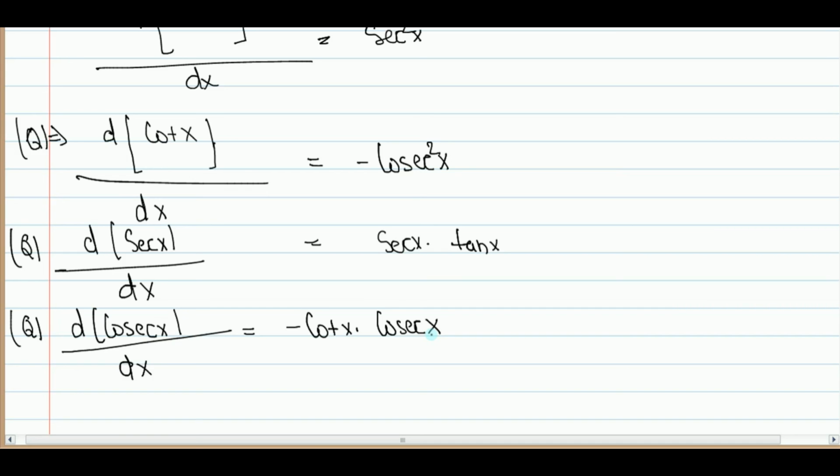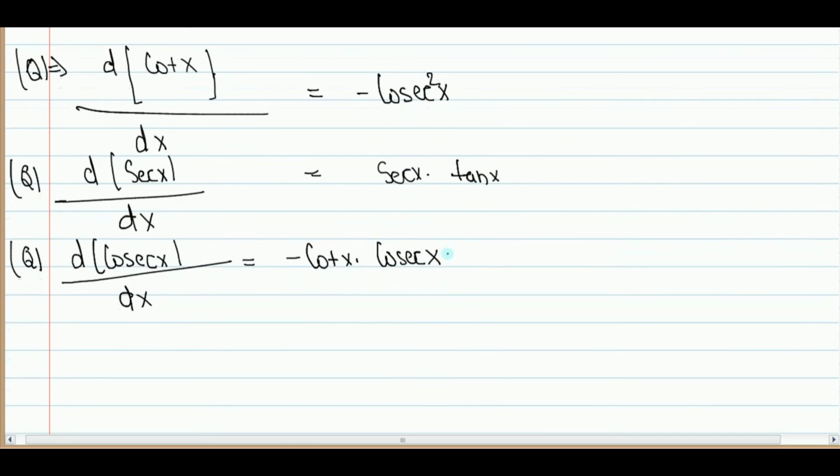You can do it. Cos x into differentiation of 1 minus 1 into differentiation of sin x. You can write it like this. Okay, you can use the 1 by sin x formula. Since cosec x is 1 by sin x, you can use the basic thing.